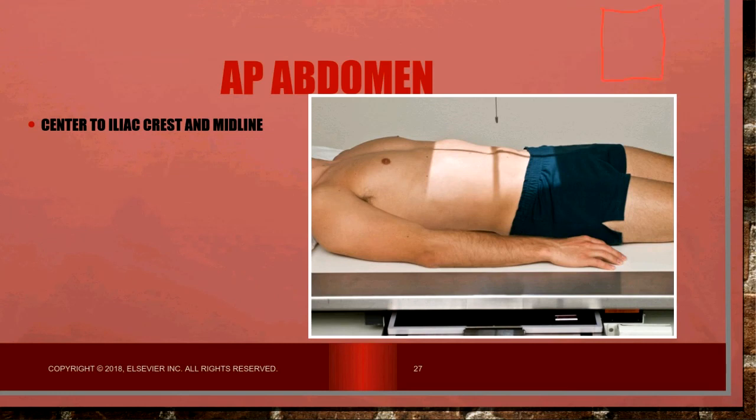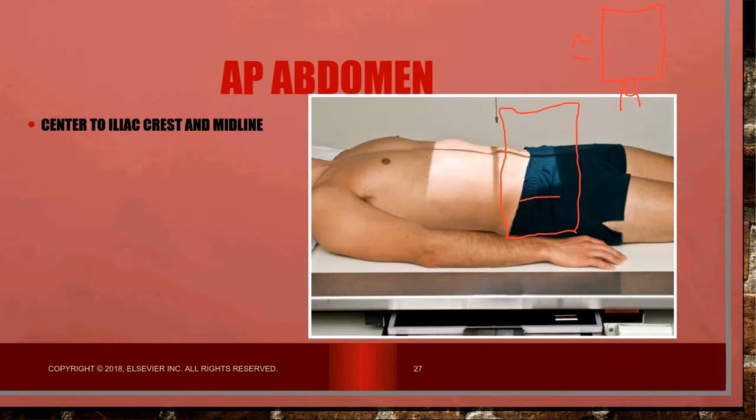Okay, so this would be 17 inches this way, and this one would be 14 inches. All right, so you would place it so that the bottom of your image receptor was capturing the pubic symphysis. That's what you would do first, is palpate the pubic symphysis and make sure that the bottom of your IR is capturing that. And that would be your first exposure.